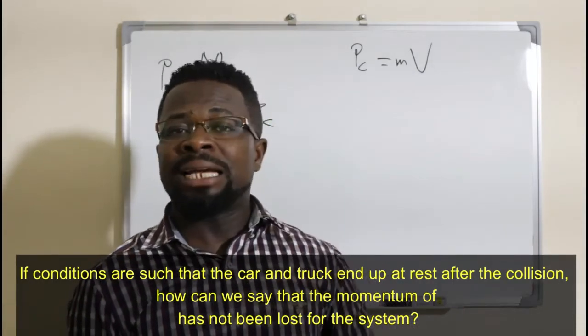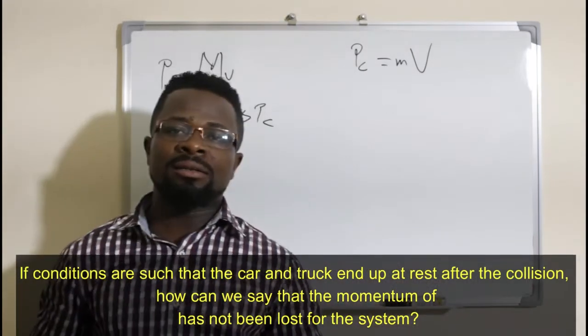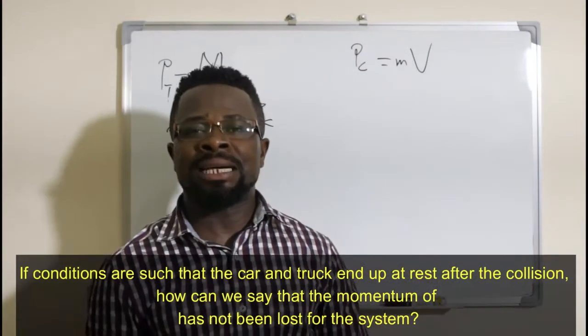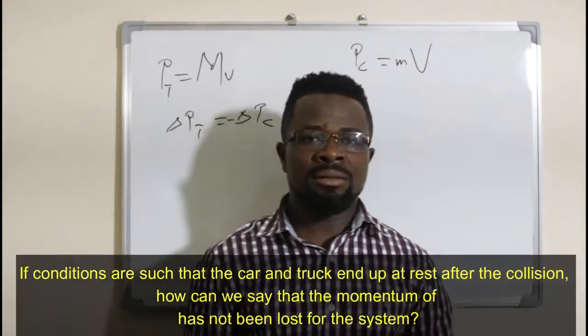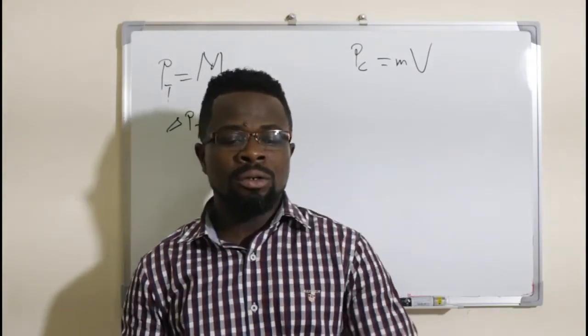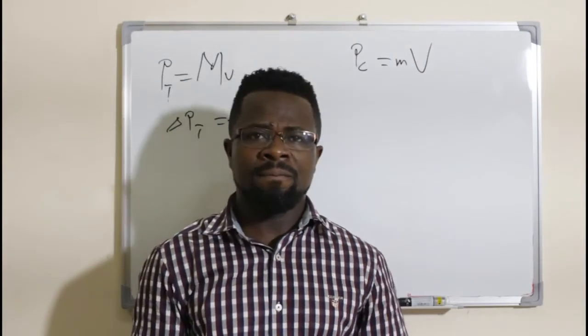So we're trying to look at this from this point. Now the car and the track have collided, and after the collision they are all at a standstill, they are at rest. How can we say that there is no loss of momentum in the system? How can we say momentum is still conserved from here?